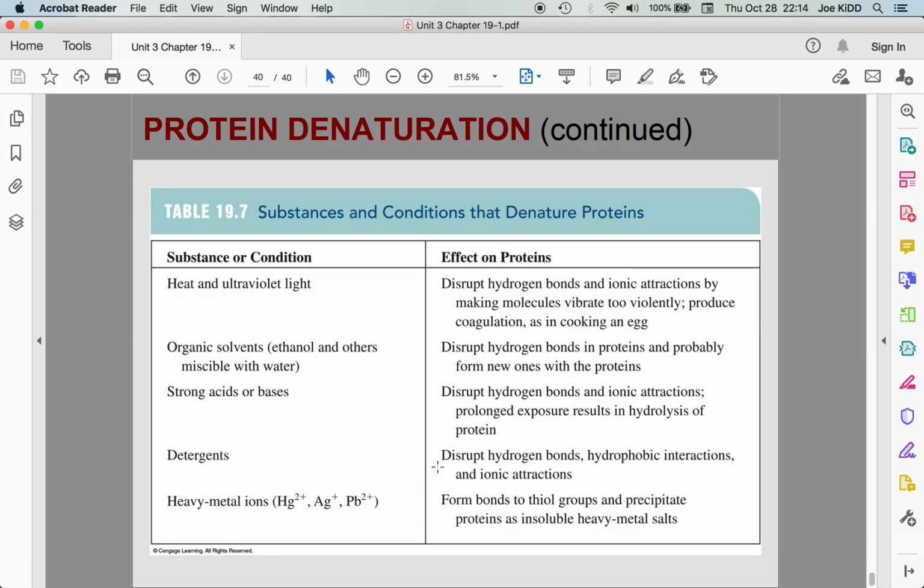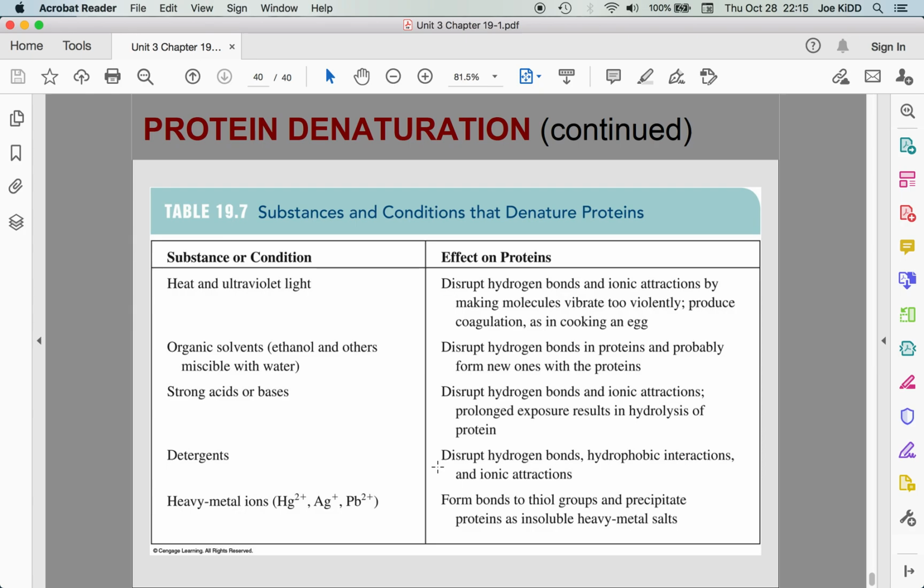It's one of those you can't uncook the egg situations. Using heat is actually one of the very effective ways of disrupting those interactions and denaturing a protein. So cooking an egg is a really good example of protein denaturation.